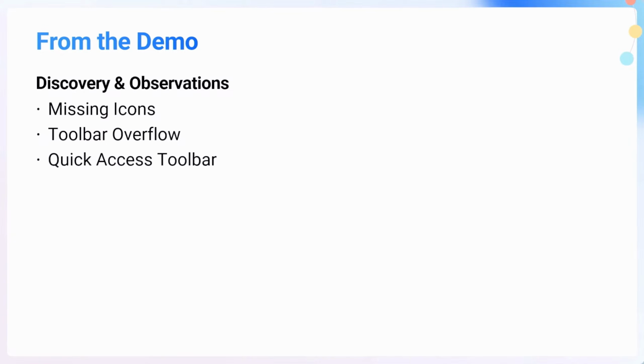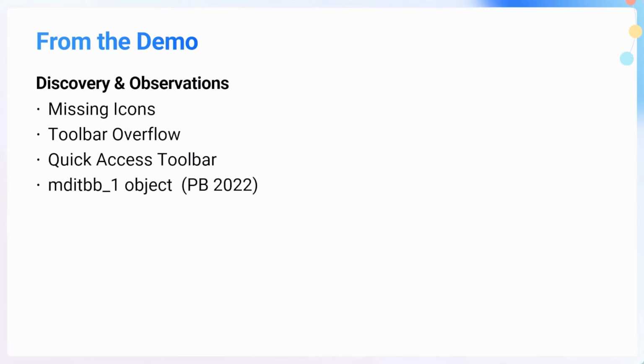So from the demo, what did we discover? Missing icons, toolbar overflow way to the right-hand side of the MDI frame. We have a quick access toolbar. How do we handle that? What do we do with this tabbed object here, which was introduced basically in 2022? Again, we've noticed that probably 80 to 95% of your application has been converted to a RibbonBar.